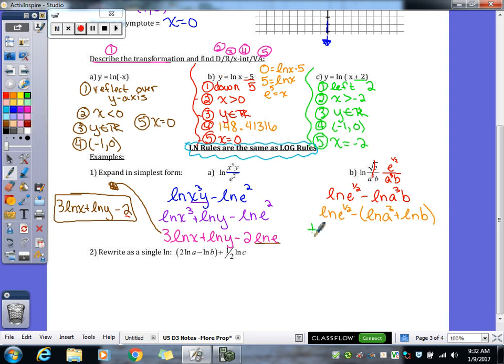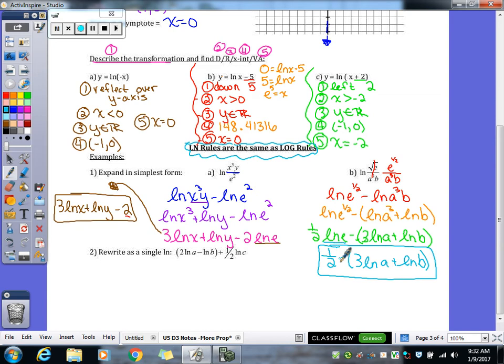So then again, I'll bring my exponents forward, so 1/2 ln of e minus 3 ln of a plus ln of b. And once again, there's that ln of e, so that just turns into a 1, so we get 1/2 minus 3 ln of a plus ln of b. Now keep in mind, you could distribute that negative sign if you wanted to, but you don't have to.